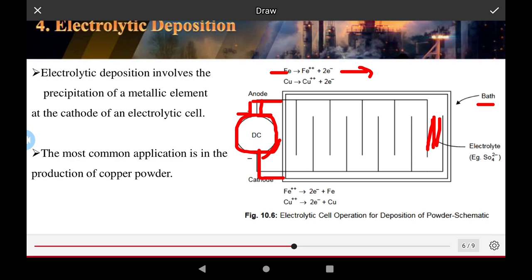The copper, in this operation, is making the electrolysis cells operation in the decomposition of the powder. The most common application is in the production of powder metallurgy.